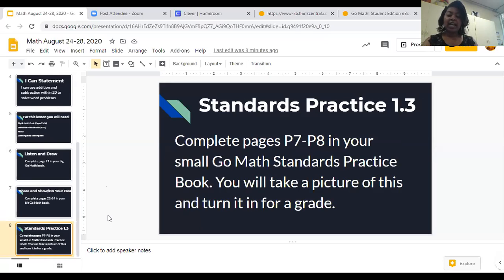You're going to complete pages P7 and P8, and you're going to take a picture of it, and you are going to turn it in for a grade. I want to see how smart you are. Make sure that everything that we have done in this lesson mirrors in your work. So make sure that you're writing your numbers and your symbols in the correct places, okay?